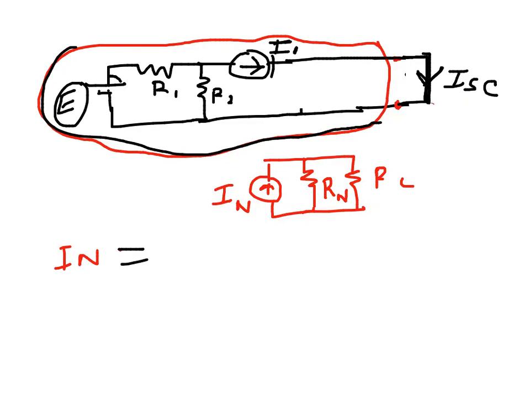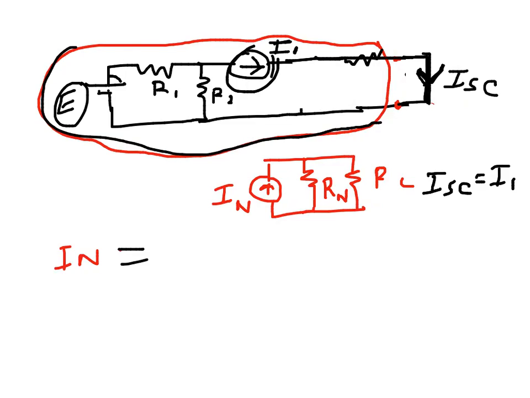So basically the short circuit current is nothing but just I1 for this particular arrangement because it's very simple. But otherwise, if there were other resistances or other arrangements, then we have to apply the principle of superposition or any other method to find the short circuit current.